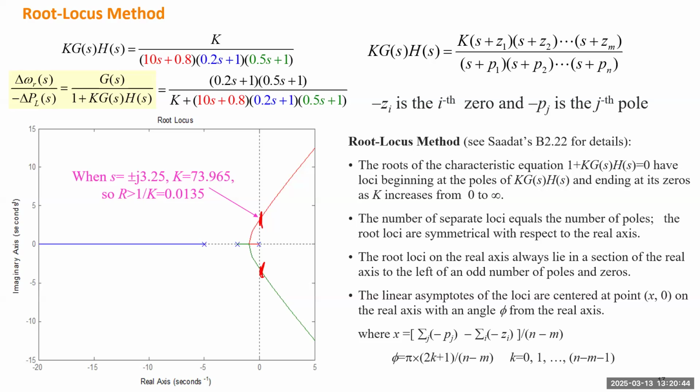So what does that mean? When you use the open loop transfer function to find those 3 poles, in order to determine which section belongs to a root locus, this section has to be, because on the right-hand side, there are 3 poles, which is an odd number.